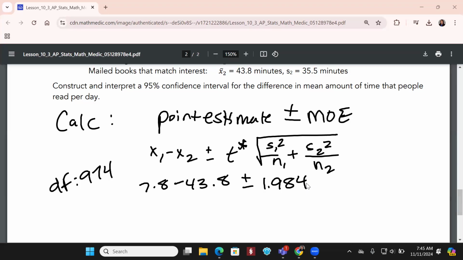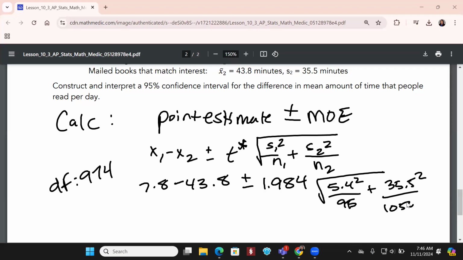Okay. When we take the square root, we're gonna do 5.4 squared divided by 975, and then plus 35.5 squared divided by 1050. When we plug all that in, we're gonna get an interval between negative 38.2 and negative 33.8.